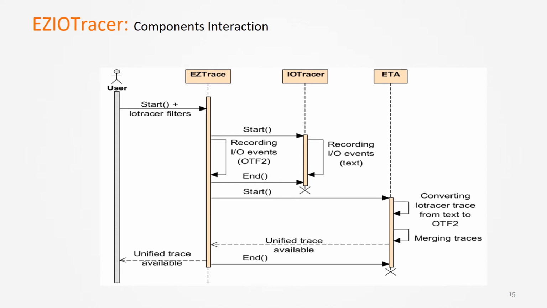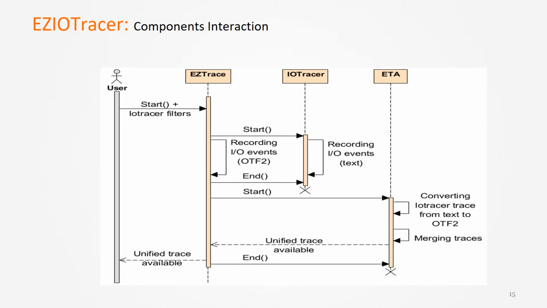In this slide, I will explain how the EZIOTracer components interact to make a trace. The managing component in EZIOTracer is EZITrace. So, first, the user launches EZITrace and specifies the filters to be used in IOTracer.